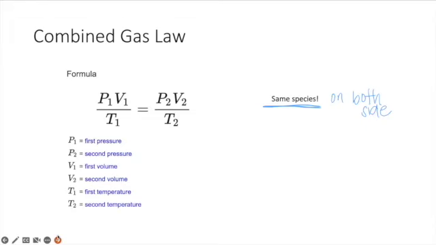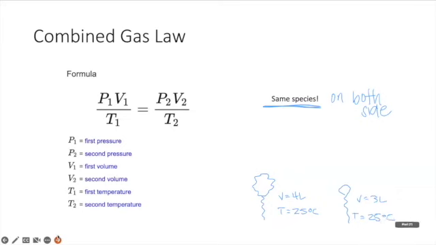So let's think about a balloon, right? Let's say we have a really shriveled balloon. Maybe I know its volume is 4 liters and its temperature is, let's say, 25 degrees Celsius. 25 degrees Celsius is room temperature, by the way. Say I have another balloon with a smaller volume, but it's at the same temperature.